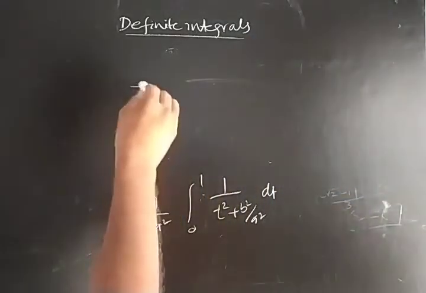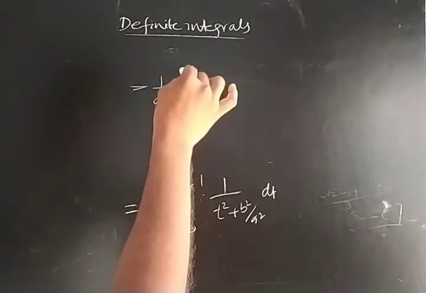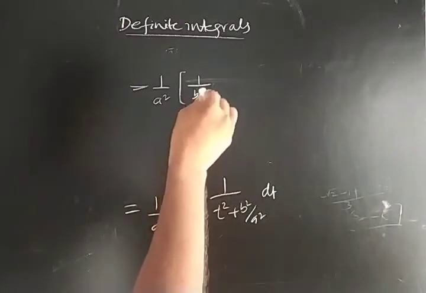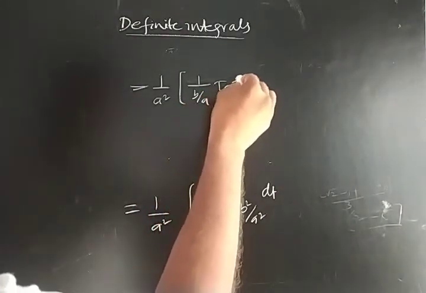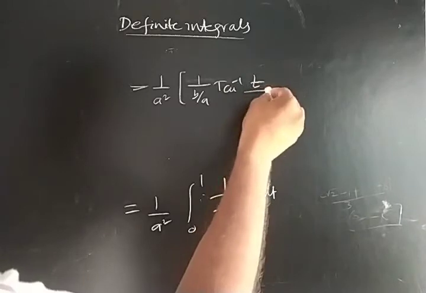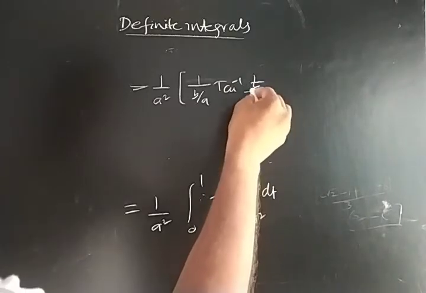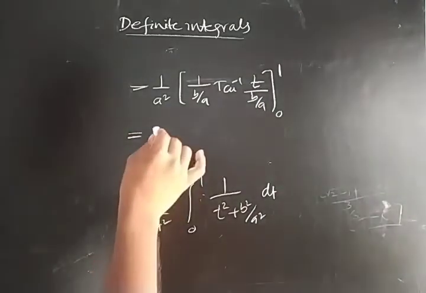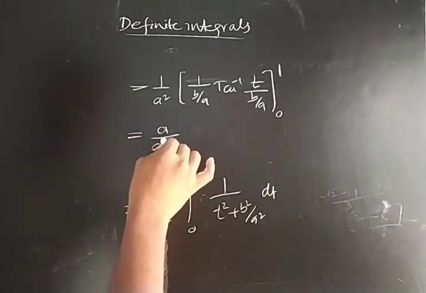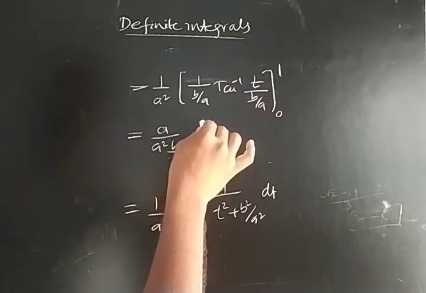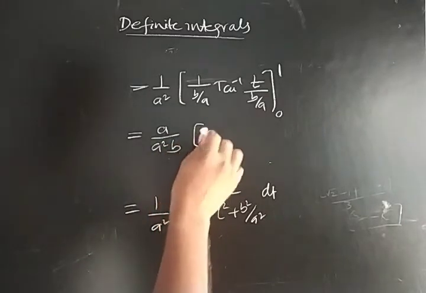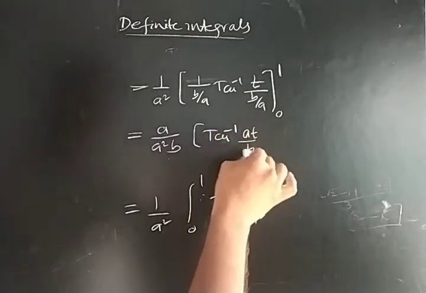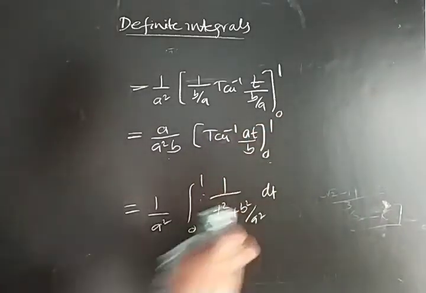Using that formula, we get 1 by a square into 1 by a, where a here is b by a, tan inverse x by a, x meaning t by b by a, from 0 to 1. So it will be a by a square b tan inverse at by b, lower limit 0, upper limit 1.